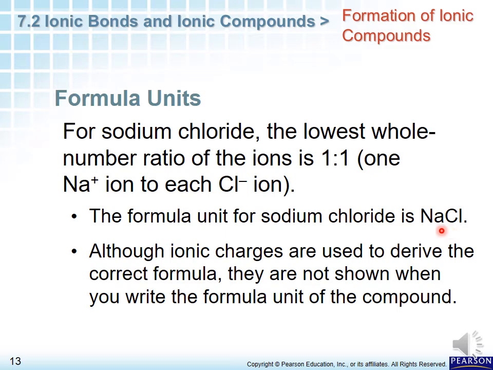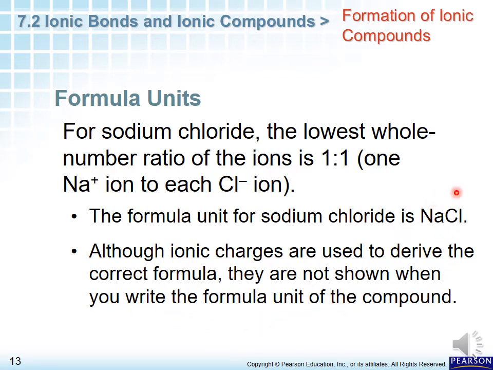As I told you, the chemical formula of an ionic compound is also called the formula unit. So what is a formula unit? It is the chemical formula of sodium chloride, or you can say the simplest ratio. Although ionic charges are used to derive the correct formula, they are not shown when you write the formula unit of a compound.